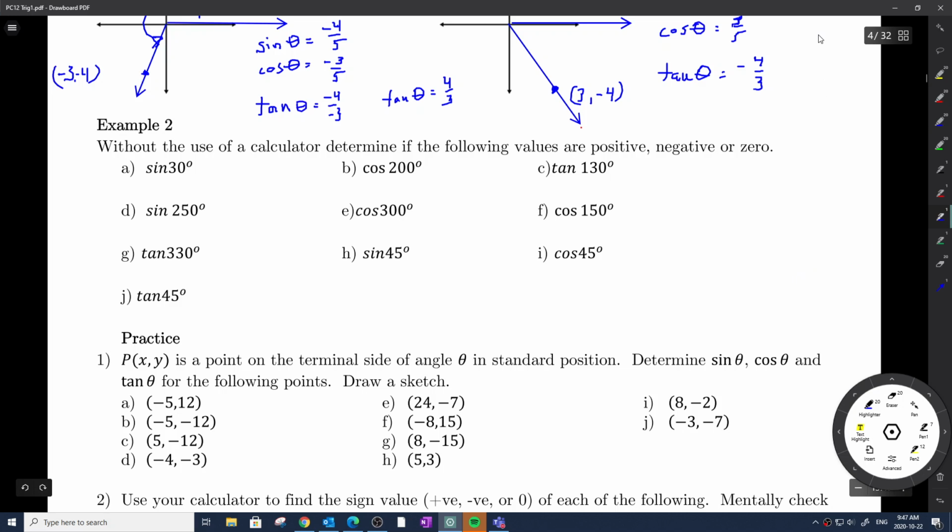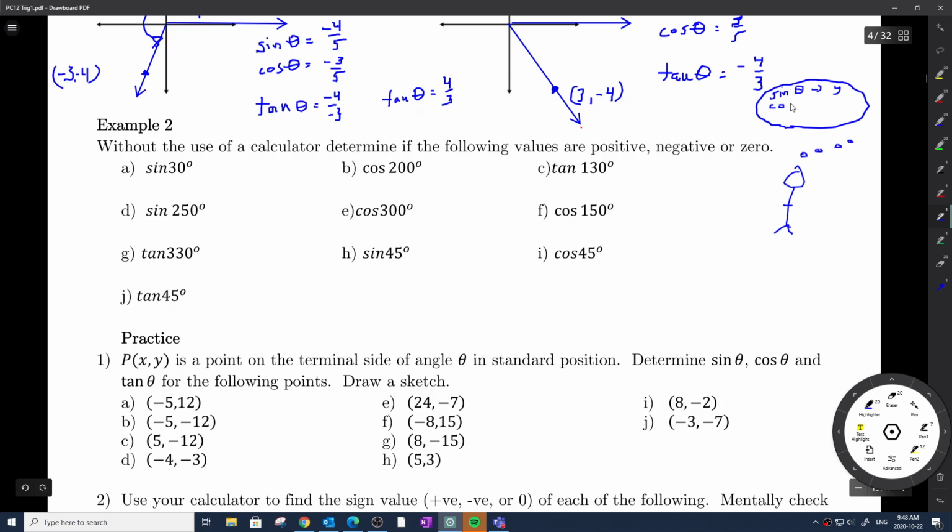All right. So here's me thinking. I'm trying to consolidate and take all of this information and make it much simpler. And I ask myself, where is sine positive? And I take a look, and all I really notice is that whether sine is positive or negative depends only on the y.